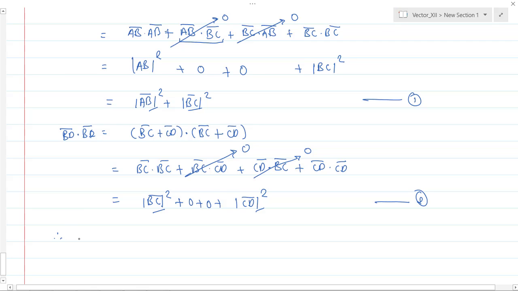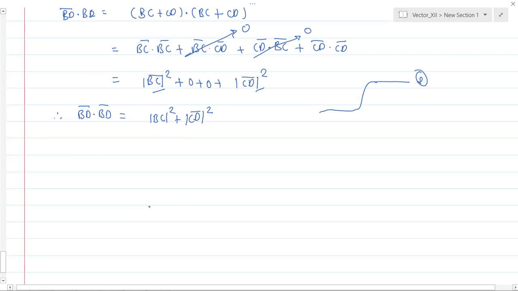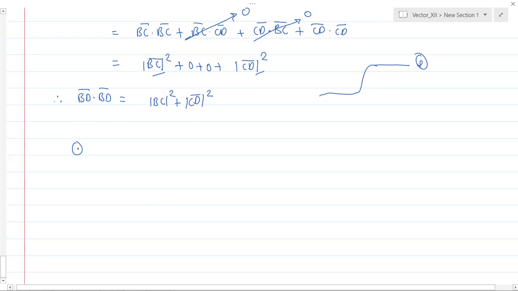Therefore what you are getting is BD dot BD is equal to BC square plus, you can either write CD square or AB square, no problem. Let's take CD only, CD square. Now this is equation number 2. From 1 and 2, what you can say is AC square is equal to BD square.